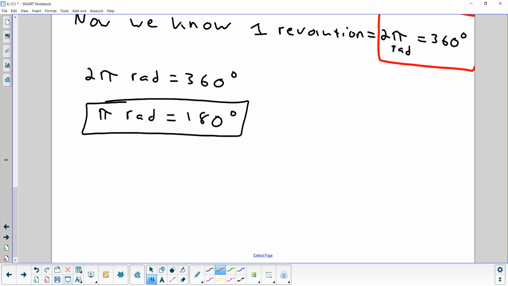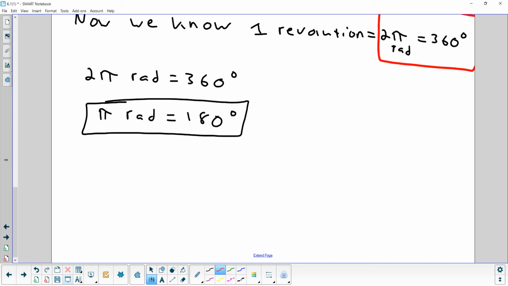Yeah, 1. Always use a 1. If you're going to tell somebody how many minutes in an hour, you would say there's 60 minutes in 1 hour. You wouldn't tell them that there's 240 minutes in 4 hours. I mean, you could, but you're making it more complicated.